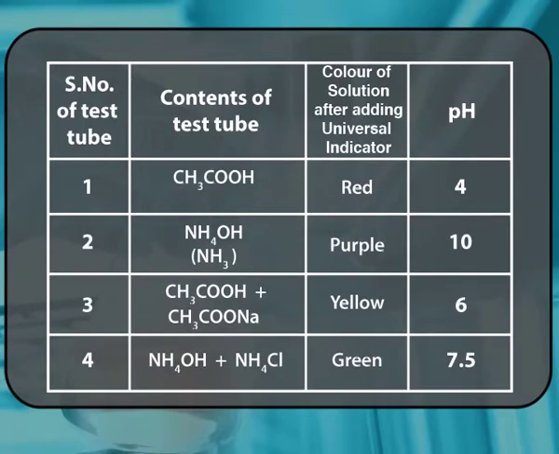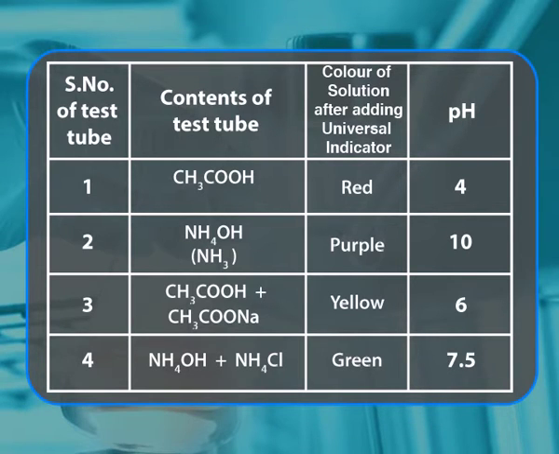Finally, we will record all the observations in a table. The table will have columns as follows. First column, serial number of the test tube. Second column, contents of the test tube. Third column, color of the solution after adding the universal indicator. Fourth column, the pH of the solution.